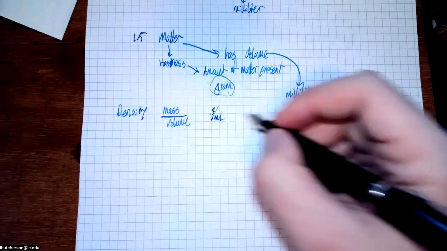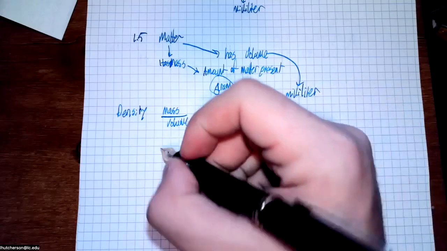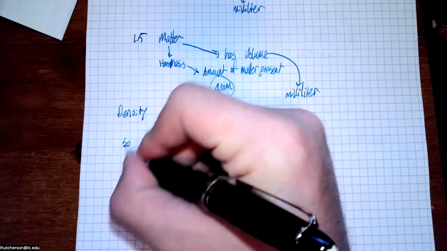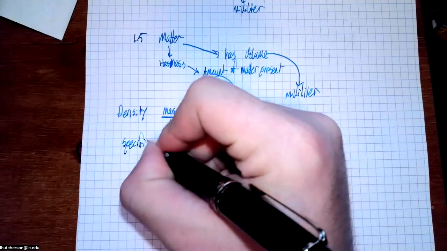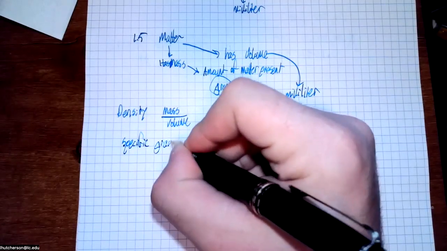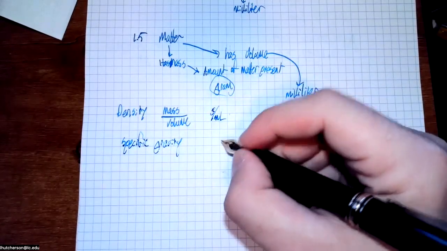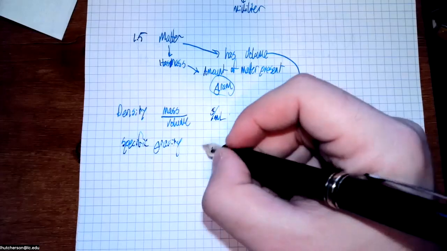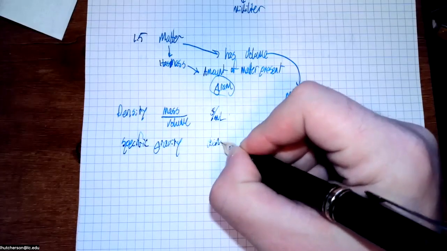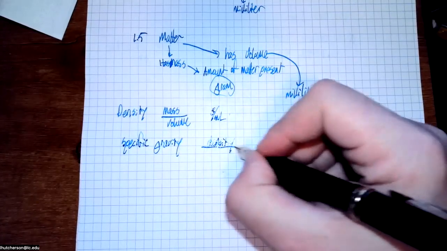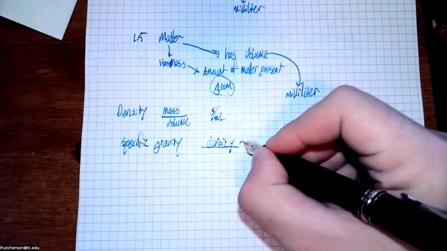Now, related to this, though, is a concept called specific gravity. To find the specific gravity of a substance, we take its density divided by the density of water.